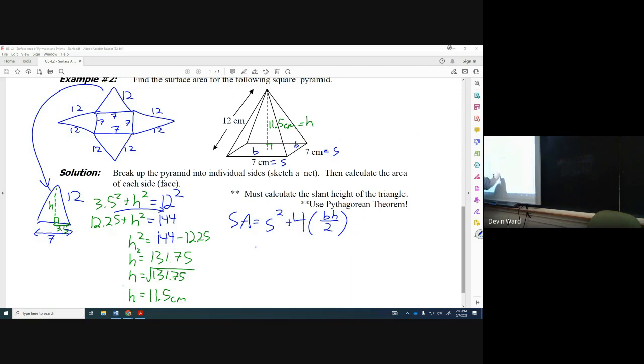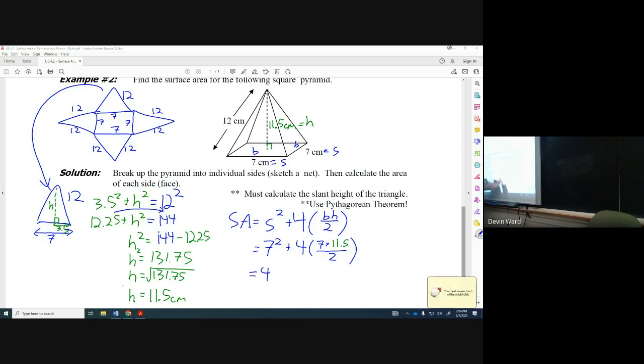So when I use side squared, I'll have 7 squared plus 4 times the area of one triangle. So it'll be 7 times 11.5 all over 2. Okay?